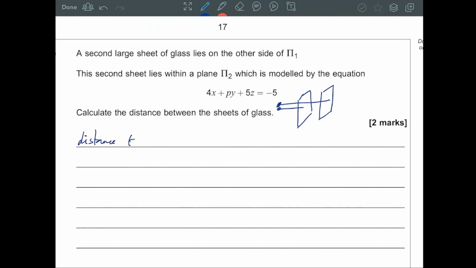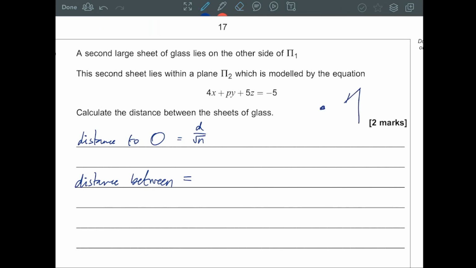So the distance to the origin was d over mod n for each of them. So the distance between, and this is a formula that I don't really trust so much, but is worth it. And actually these are telling me that my picture's slightly wrong, because one's a positive, one's a negative. We kind of have our sheet of glass on either side of the origin.